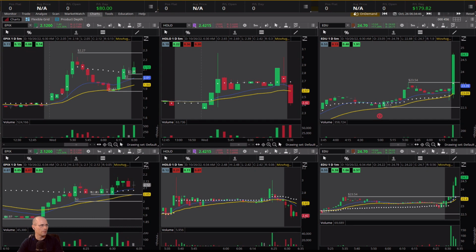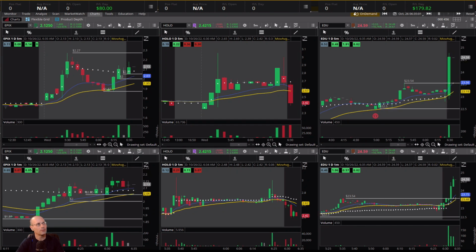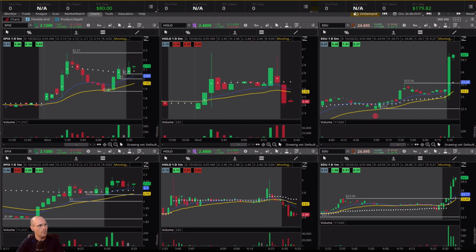So I like the declining volume on EPIX as it's pulling back there. But I don't like that the volume is still pretty light. So we have a new 5-minute candle. Let's see if it pulls back a little more. It might not. That could be as far back as it comes.